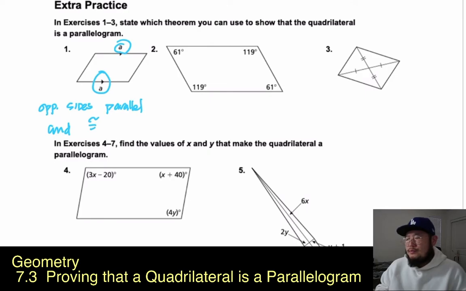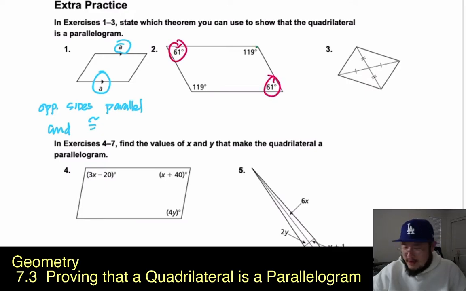Number 2. Once again, we don't know that this quadrilateral is a parallelogram, but what stands out is that these opposite angles are congruent. So therefore, we have a parallelogram.